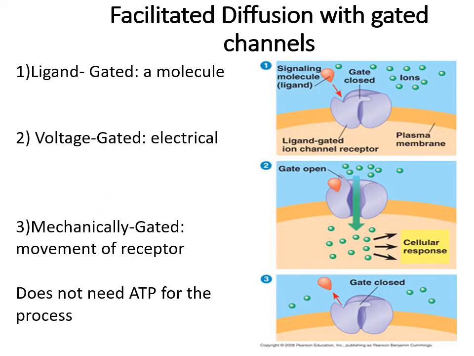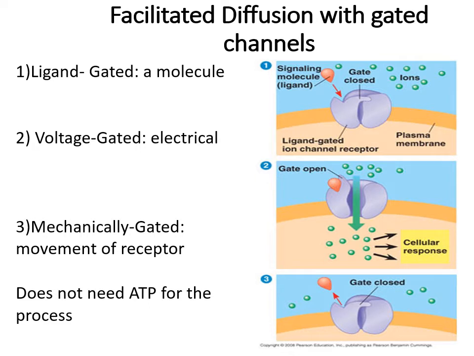Okay, so you can also have facilitated diffusion with gated channels, right? So facilitated diffusion just means that there's transport proteins or transmembrane proteins that are allowing the molecules or the ions to come across the plasma membrane. They don't use energy. There's no ATP involved.